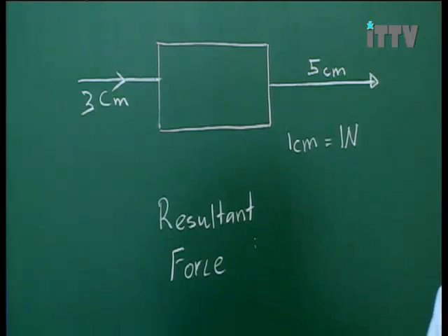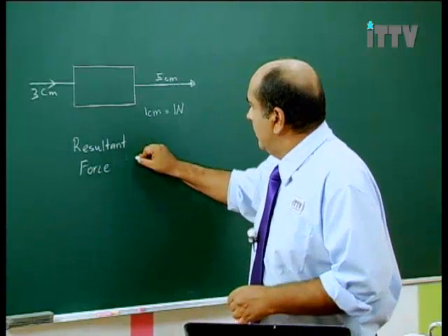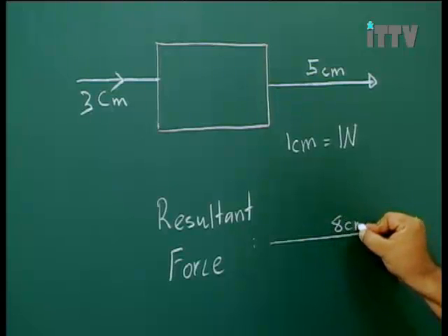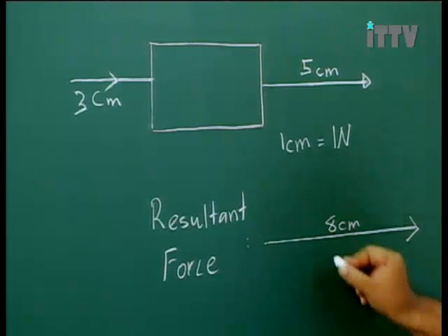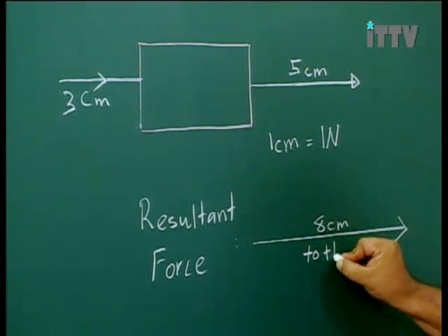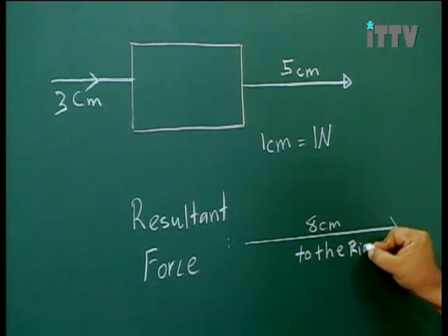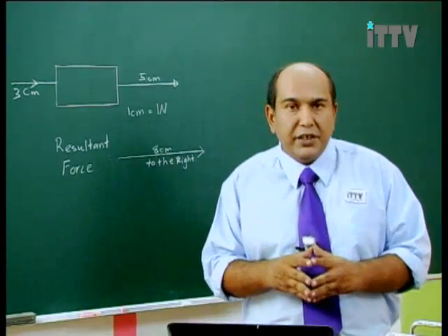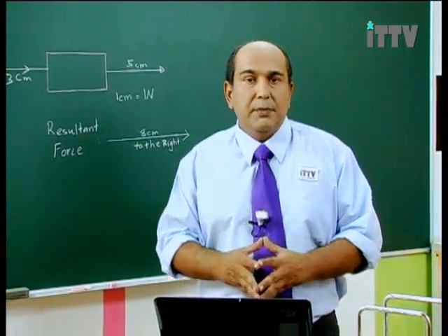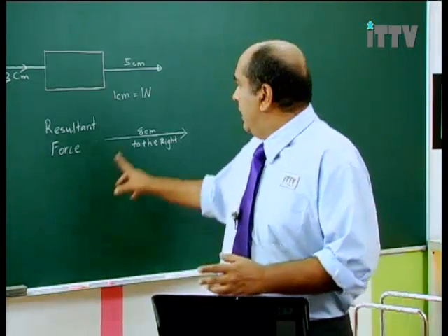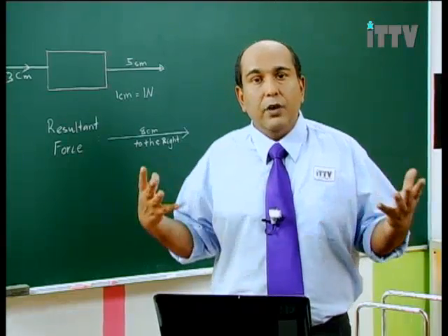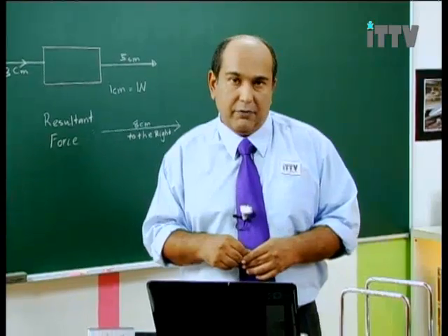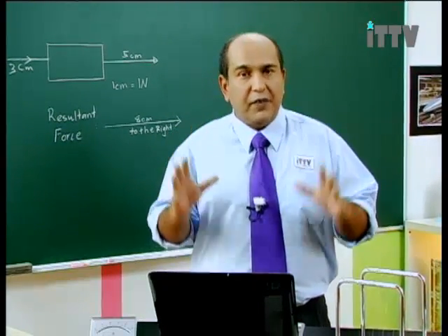The resultant force can be represented by a line eight centimeters long going to the right. So we have both, once again, a magnitude and a direction. The magnitude is 8 newtons, represented by the 8 centimeters up here, and the direction represented by the "to the right" statement under the arrow. So this is how we can do vectors.